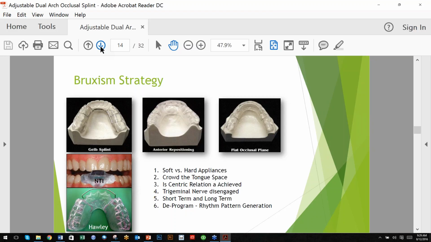Or are you going to deprogram? There's an interesting topic that I learned from a friend of mine. He called it rhythm pattern generation. And that has to do with patients that, for one reason or another, have a period of time in their life where they have stress over time. And tied to that stress is kind of your gnashing, while you're awake.